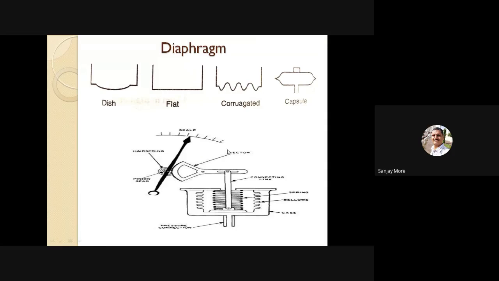This is the main diagram of the diaphragm gauge, and these are the different shapes used: dish shape, flat shape, corrugated, and capsule shapes are used to measure the pressure. All of you draw this diagram.